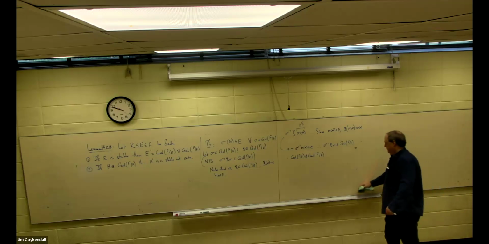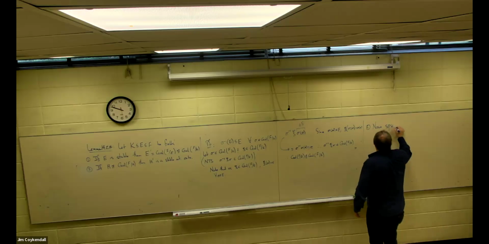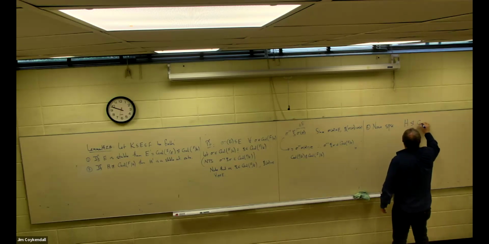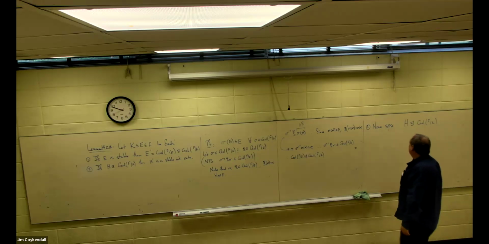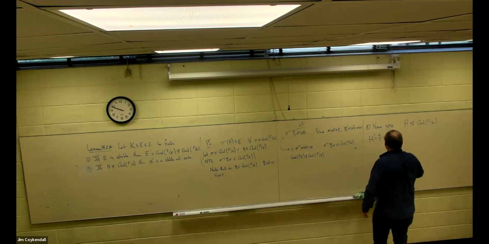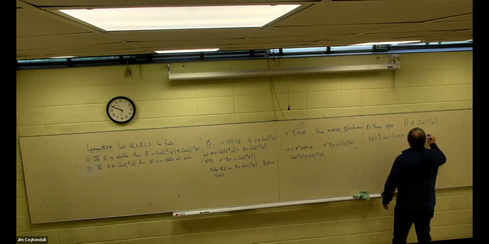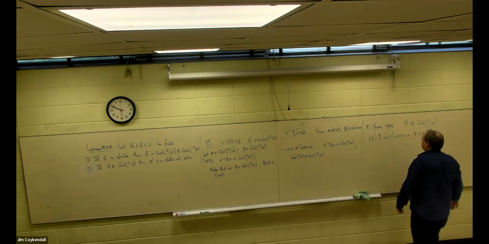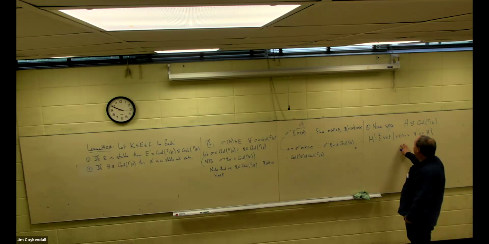Now suppose H is normal in the Galois group of F over K. Notice that we recall H prime is the set of v in F such that sigma v is equal to v for all sigma in H. And we're trying to show that this is stable.